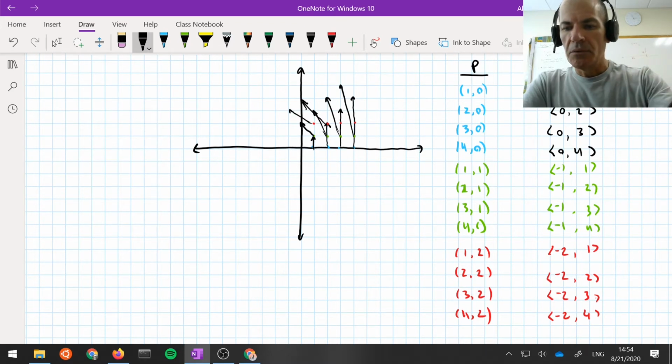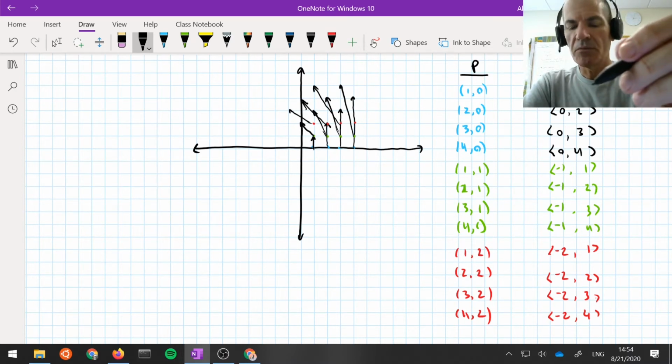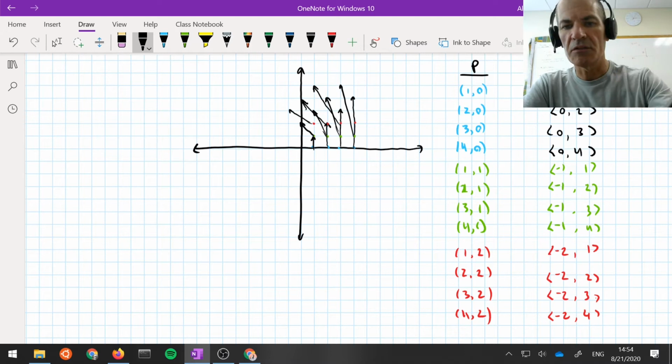Okay, 3, 2, we're going to go -2 and up 3. Getting really messy here now, which is why it's hard to sketch these things. And then finally 2 over and up 4. Like that.